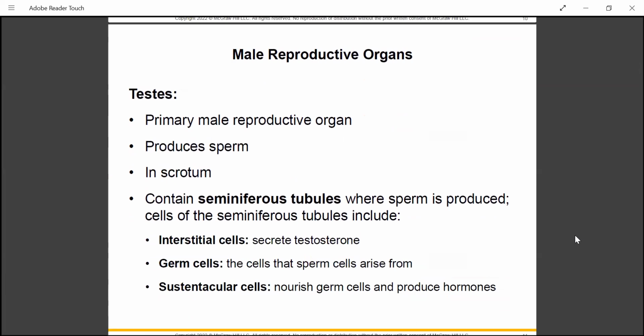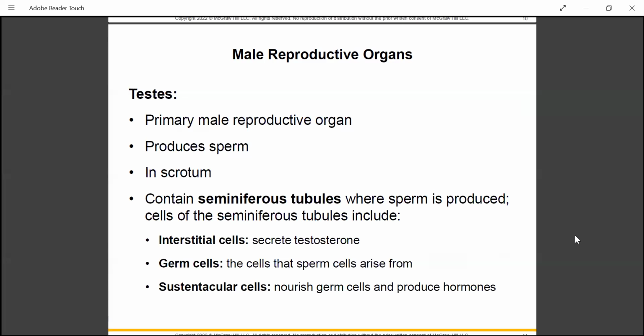So if we were to take a cross section of the testes, it is a network of all these tubules called our seminiferous tubules. And these are where sperm are actually produced. So we have a few different types of cells that secrete important substances. We have our interstitial cells. They're also called Leydig cells.